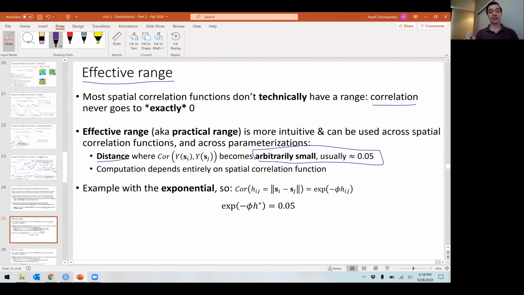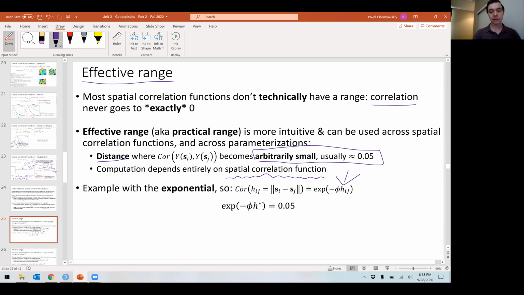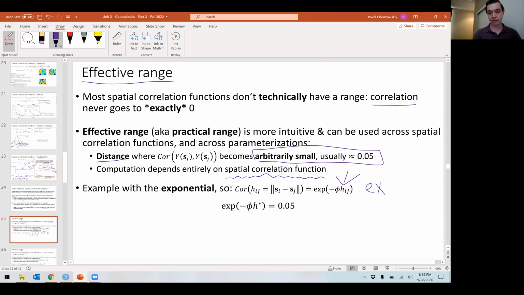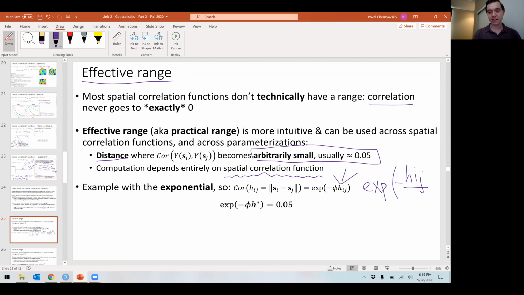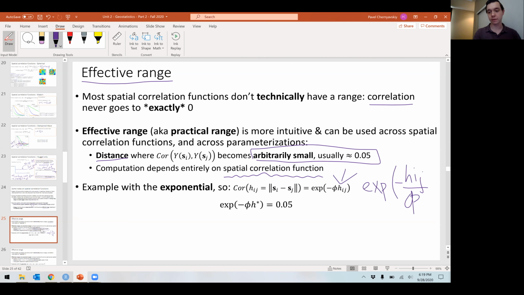Computing this effective range depends entirely on the spatial correlation function that you picked and whether it's parameterized like this or like this. So it almost forces us to understand how these things are parameterized. It just refuses, guys.